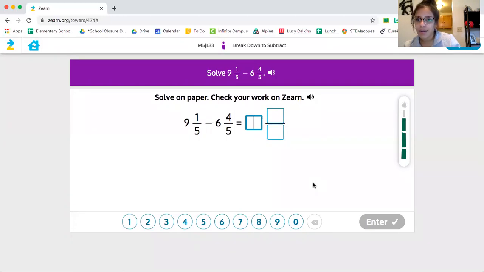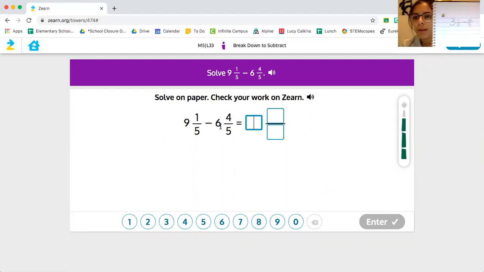Take a minute and think. 3, yes. So now I have 9 minus 6, and I have 3, and I'm going to go ahead and add 1/5. Because it's 9 1/5, take away that 6. So now I have 3 1/5. I've already taken away that 6. So now I have 3 1/5 minus 4/5.